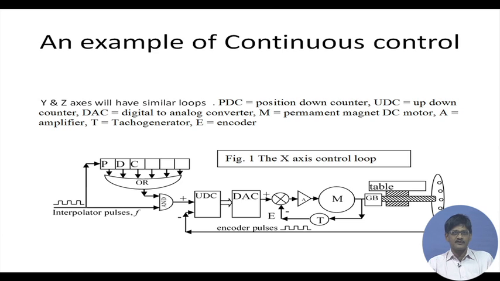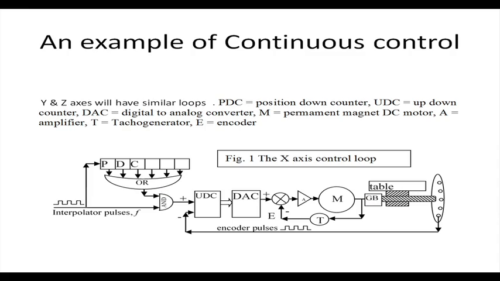It is partly obstructed, but hopefully you can understand these encoder pulses which are coming back as a feedback, they are down counting the content of the up down counter.